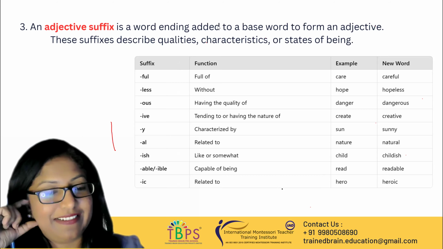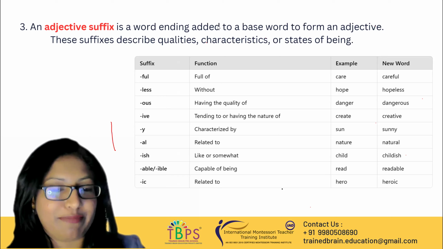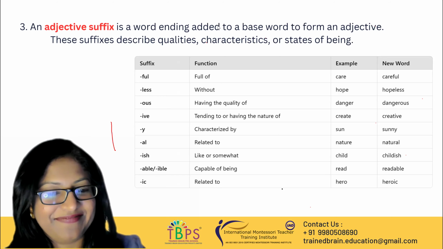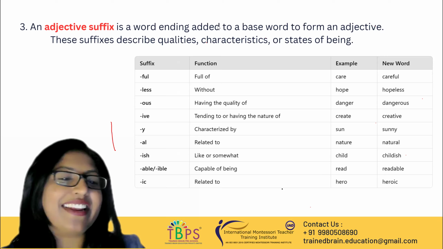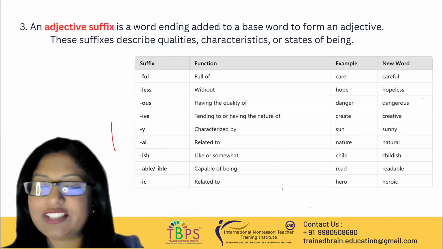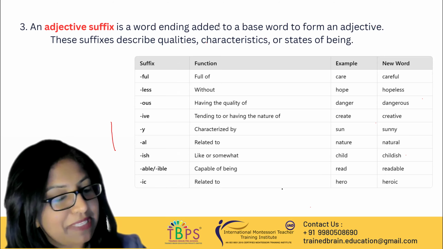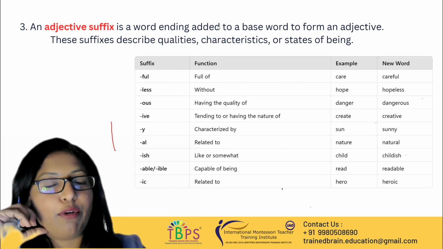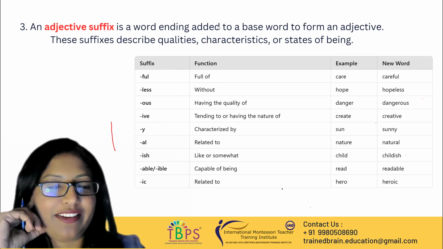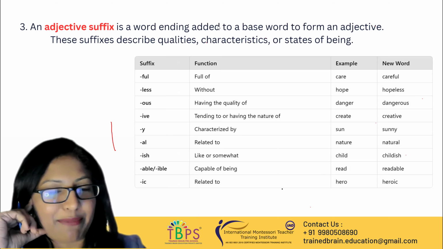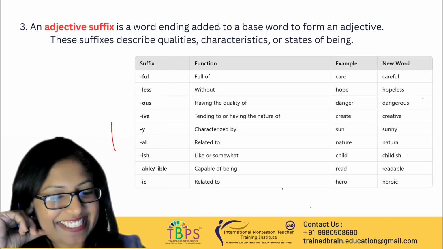Obviously, you will make a lot of mistakes. Because of various reasons, you might make multiple mistakes also. But don't forget to be glamorous. We're all young women. You have to be glamorous. You have to be courageous.